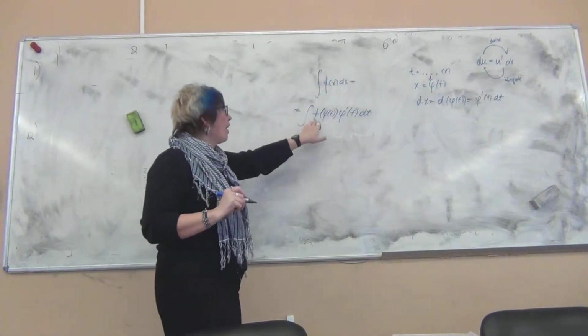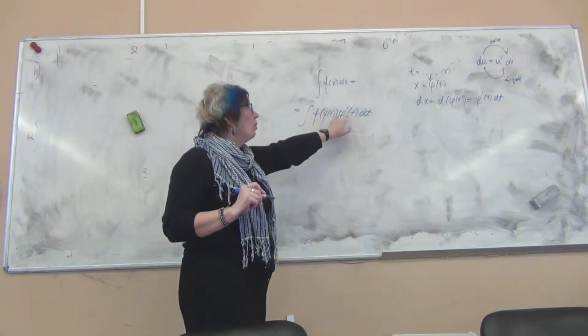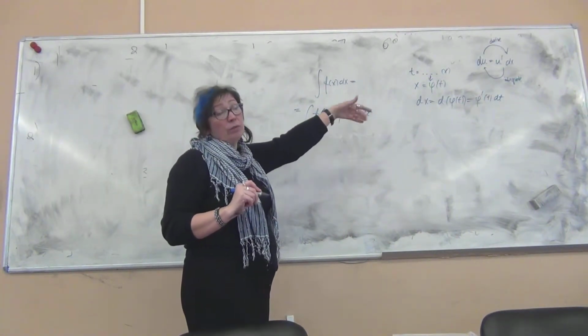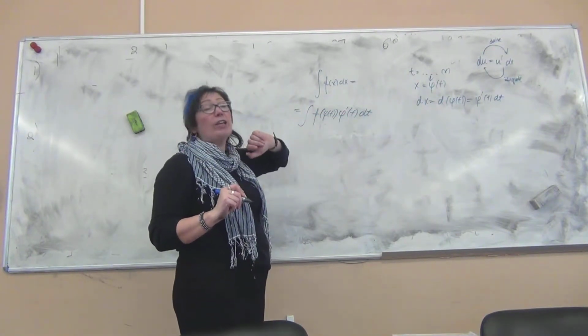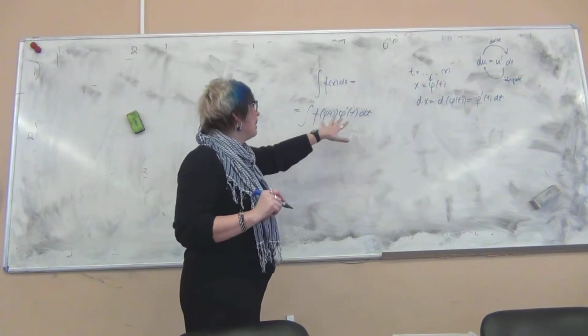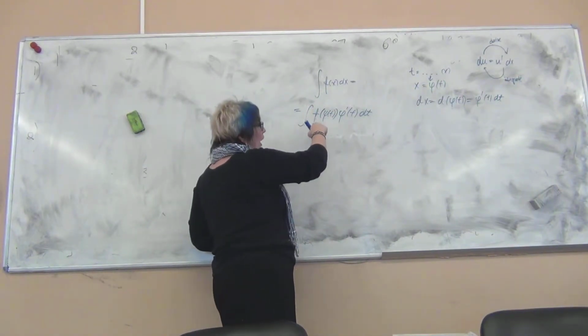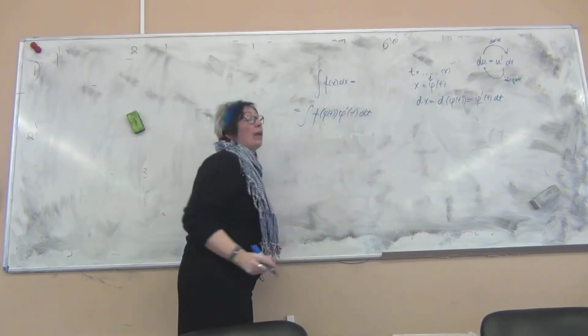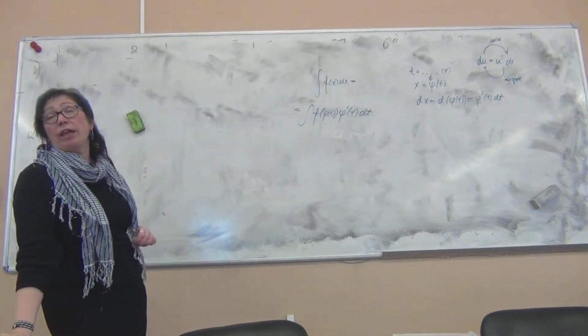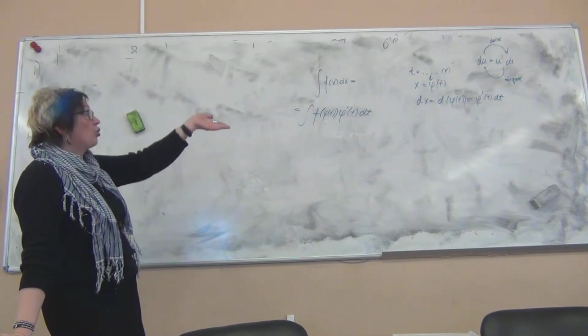We have f of u, u prime dt. The name of the basic variable has changed, but we have f of u times u derivative times the differential of the independent variable.